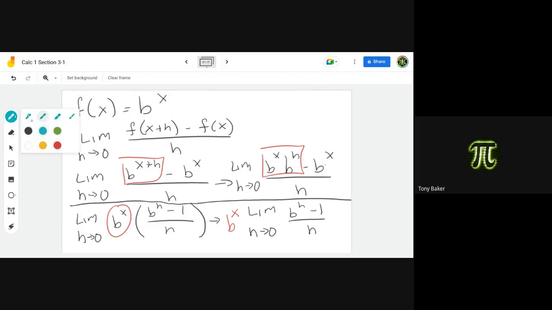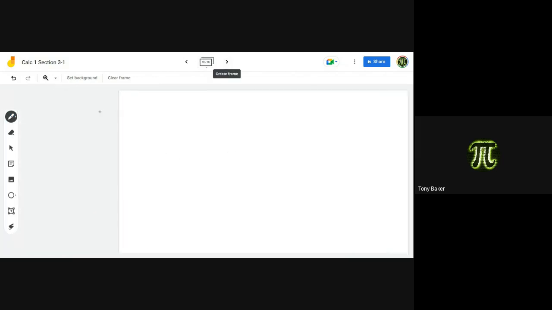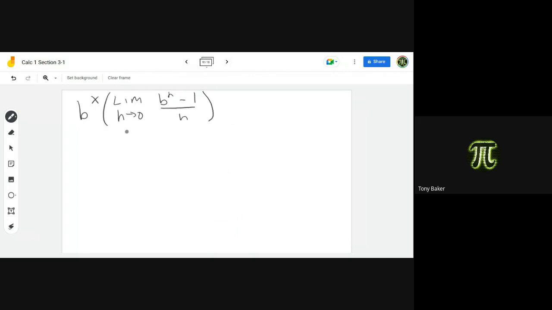Now this right here is just my derivative, right? That's what we've been looking for. So this is the derivative at where x is 0.